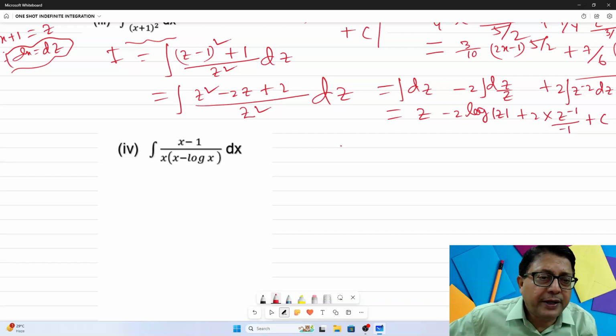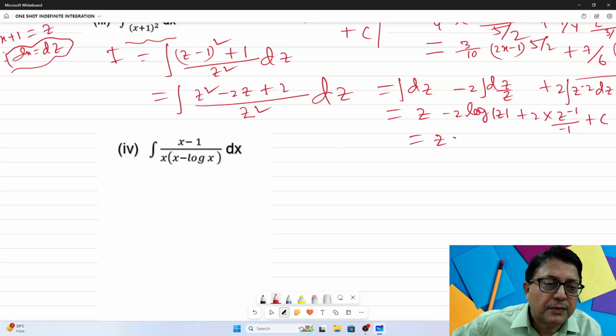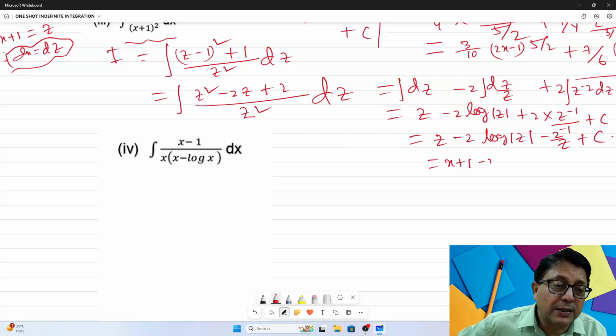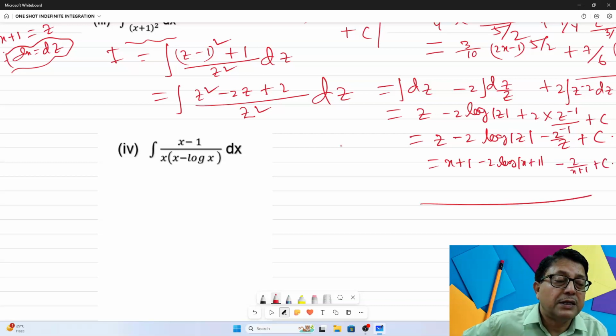So here it will be z minus 2 log mod z. Finally z you have to replace by x plus 1. x plus 1 minus 2 log x plus 1 minus 2 by x plus 1 plus c is the answer.